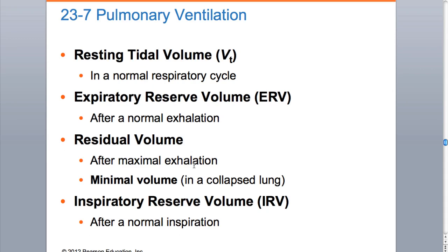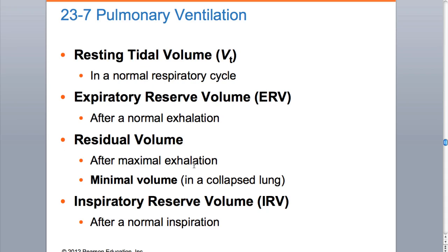So if your lungs fully collapsed, like a balloon, fully flattened, like the way you get it when you buy the bag of balloons and you get it right out of the bag, you know what shape it looks, right? So a party balloon looks flat like that. That would be your residual volume that's still left in that collapsed balloon.